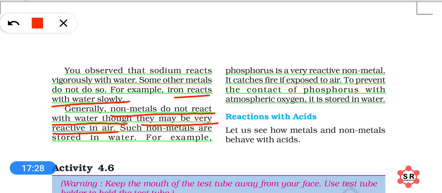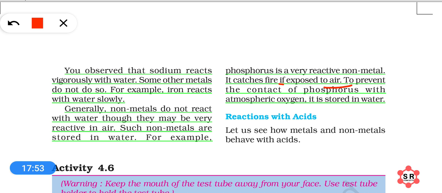But some non-metals may be highly reactive in oxygen. For example, phosphorus is a very reactive non-metal. It catches fire when exposed to air, which means phosphorus starts reacting with oxygen and almost burning.